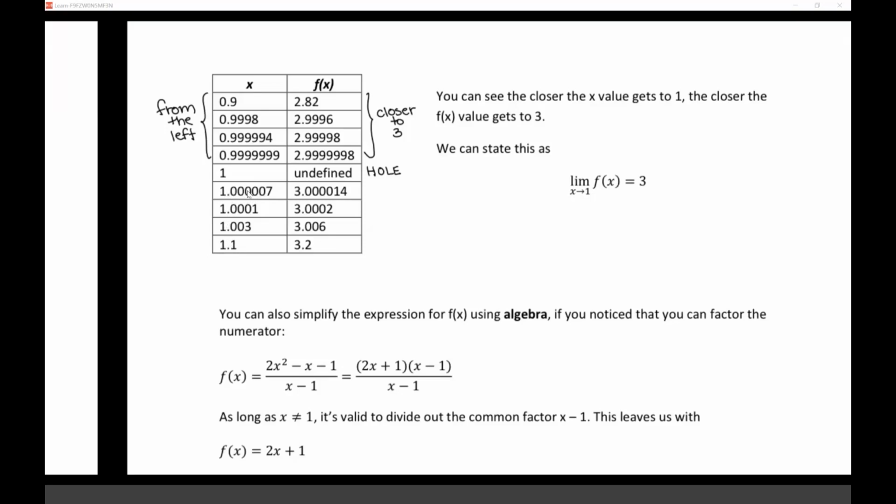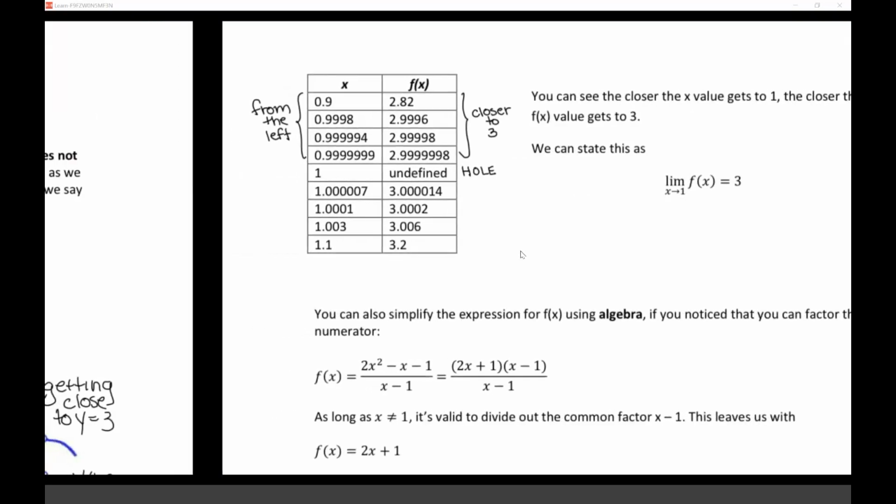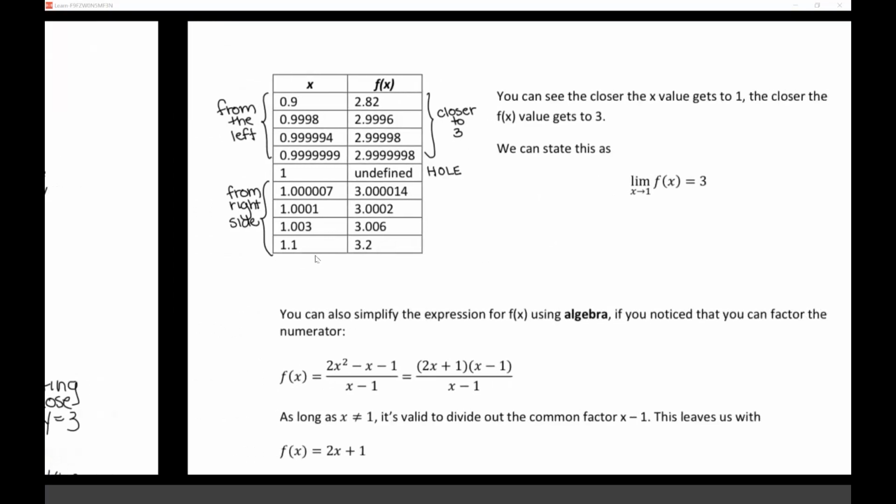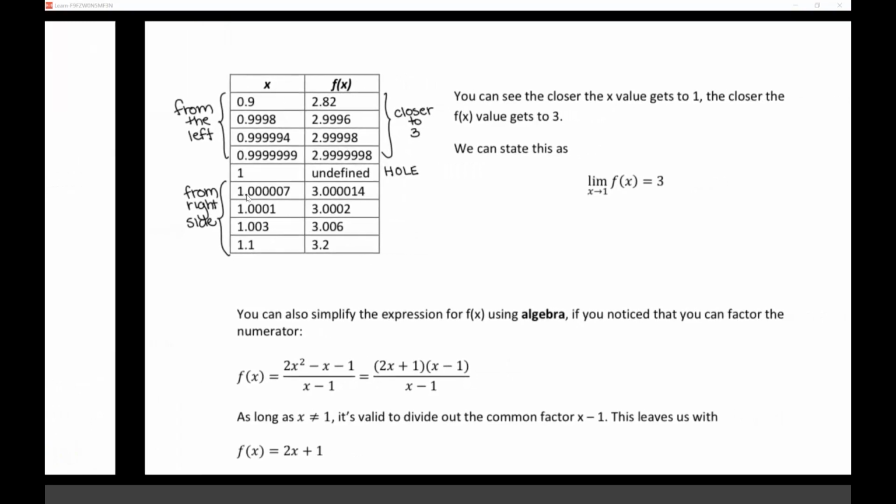This is really close to 1, but only slightly to the right. Reading this part of the table backwards, the function values are also getting closer to 3. So this is getting closer to 3 this way, and getting closer to 3 the other way.